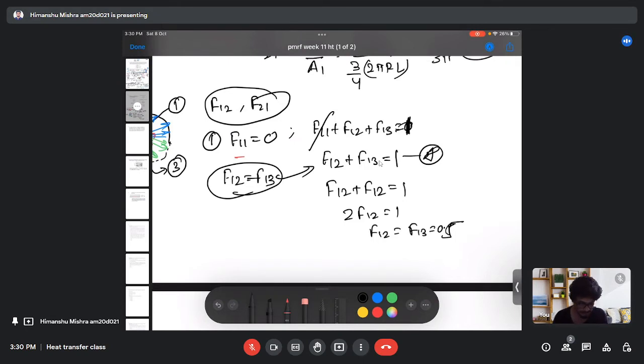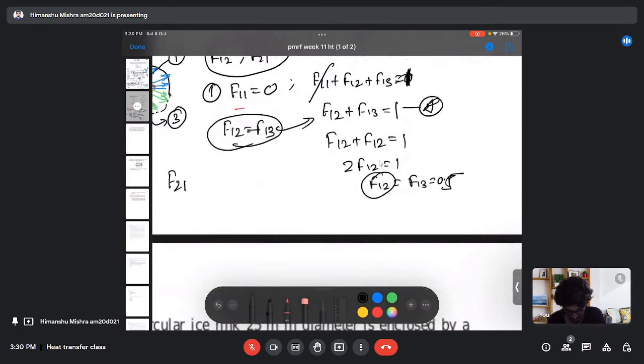Now once we found F12, we can use the reciprocity theorem to find F21, because we have F12, and by using the reciprocity rule we can find F21. This is the F21 which I want to find. So I already got this.